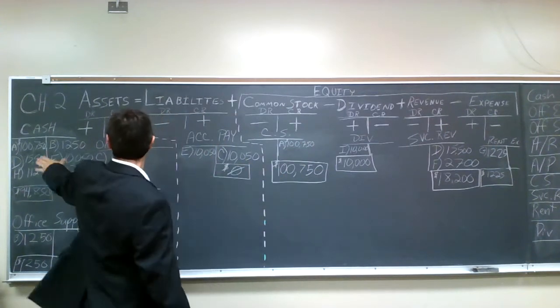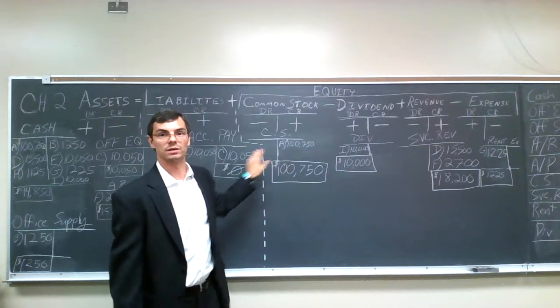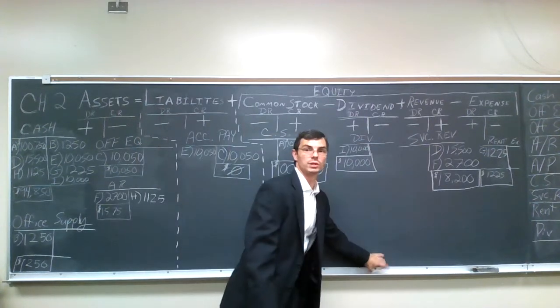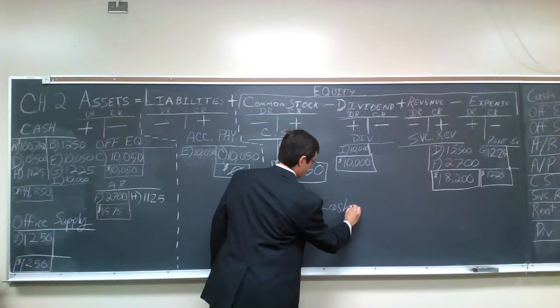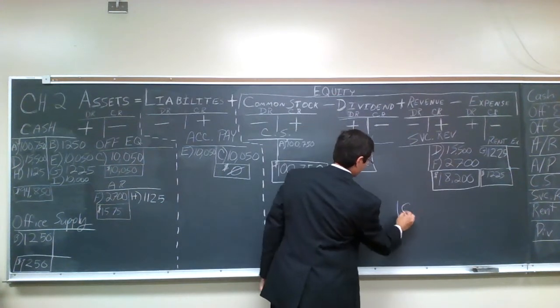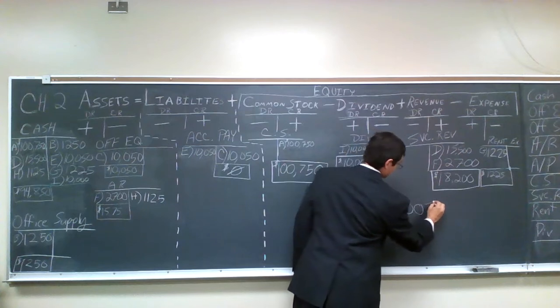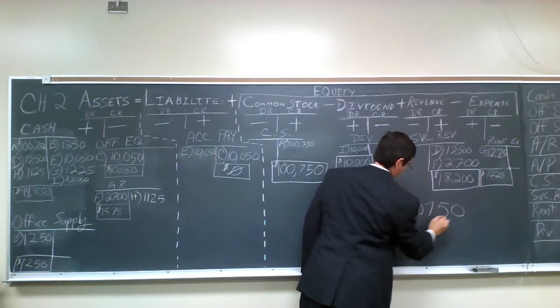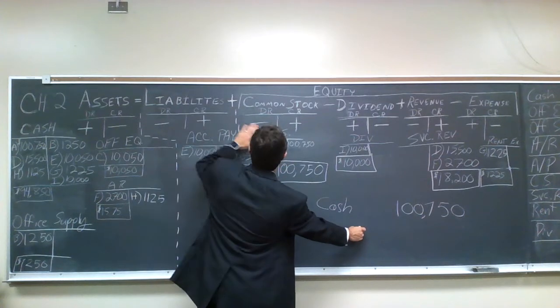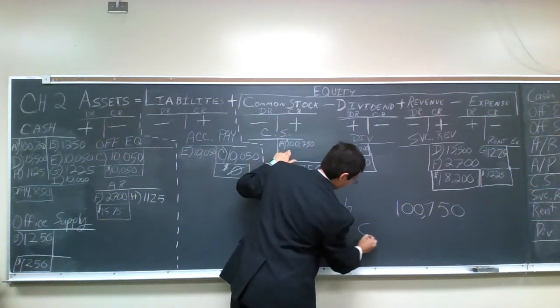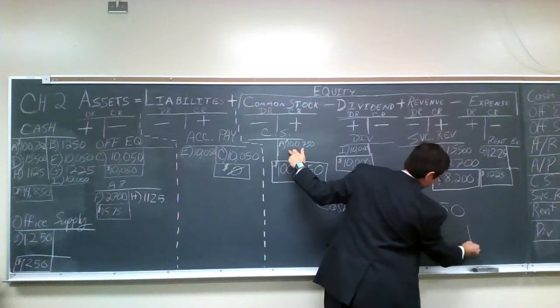So there's that transaction. This is actually being posted to the T accounts here. We've got it up that way. The journal entry will look like this. You'll have cash, and then the 100,750, and then indented to the side will be the name of the other account, the credit account, common stock, and then the amount indented to the side here.